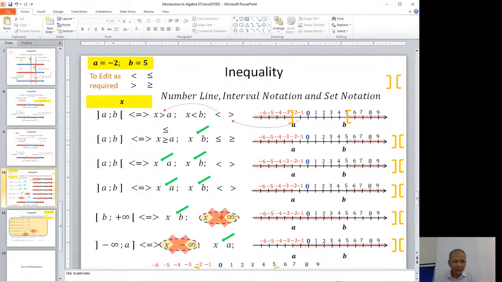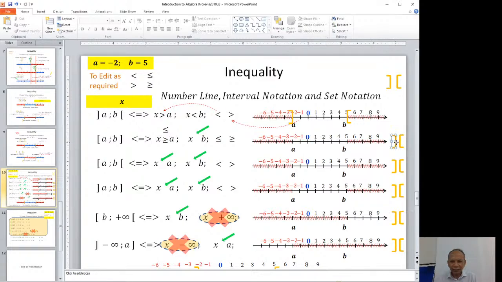Here our left and right brace turn toward the value on the boundary, a or b. So it means we have the value of x that either equals a or equals b and all the values between them, okay? So here you have to put the bracket.